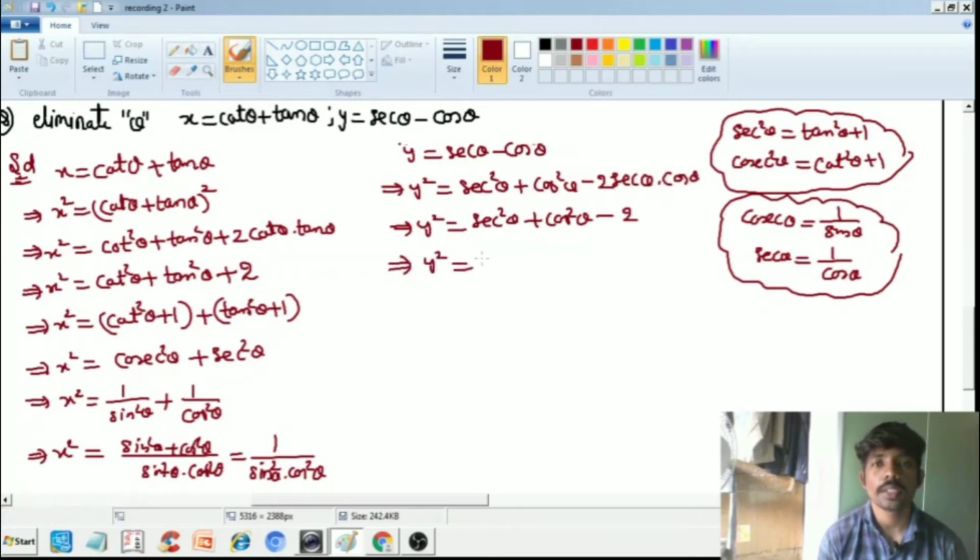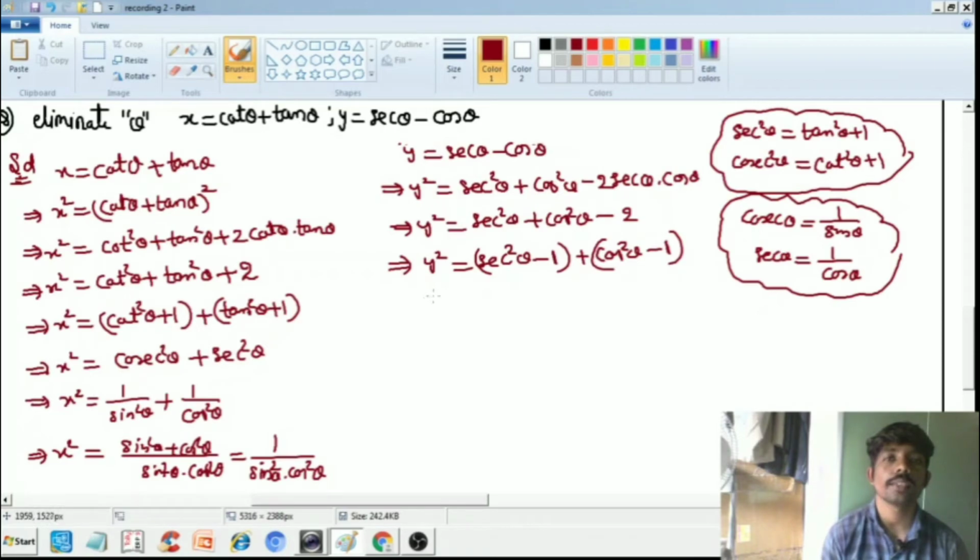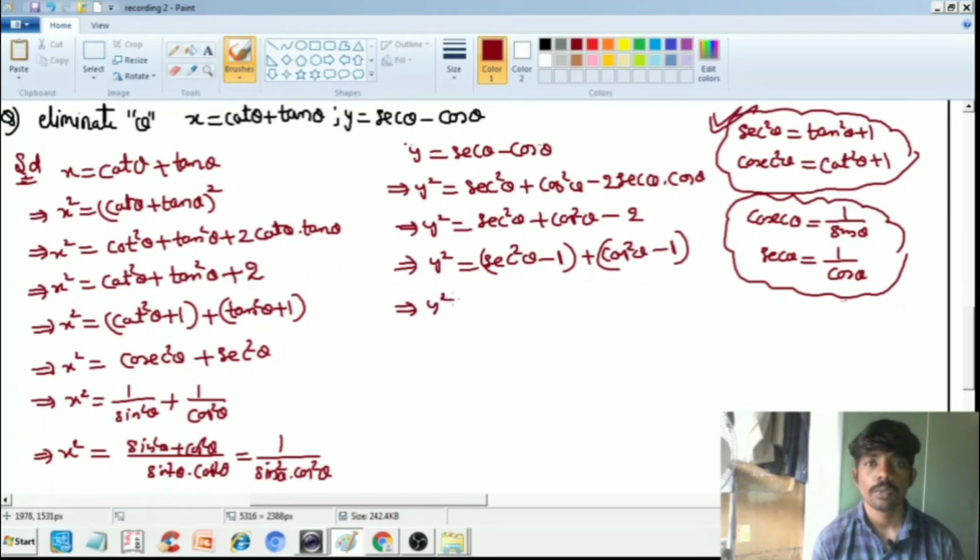Y square is equal to secant square theta minus 1, cos square theta minus 1, minus 2 can be written as minus 1 minus 1. So I am separating, allocating minus 1 to the secant and minus 1 to the cos. So secant square minus 1 can be written as tan square from this formula. Y square is equal to secant square minus 1, secant square minus 1, written the same as it is.